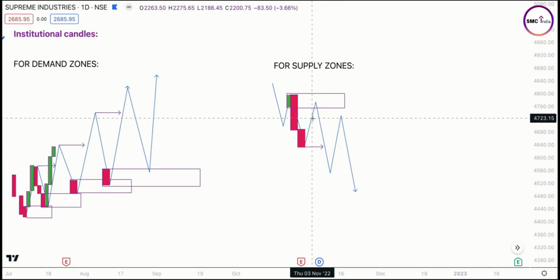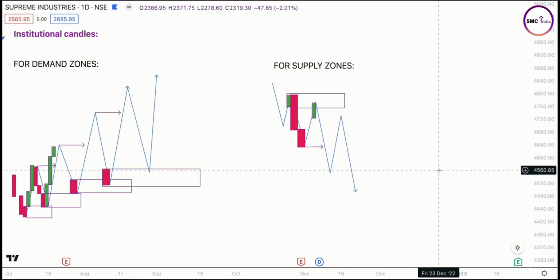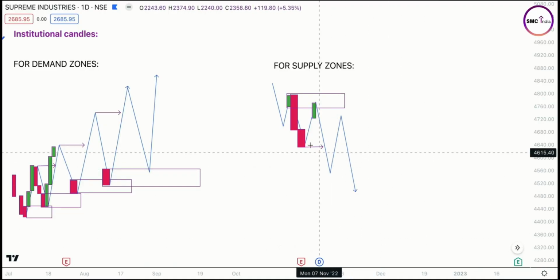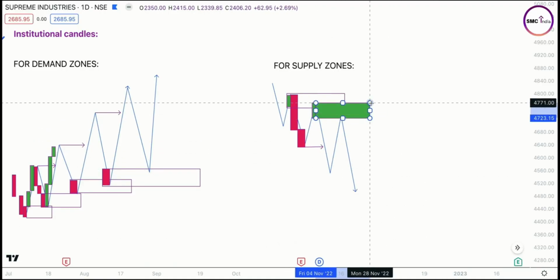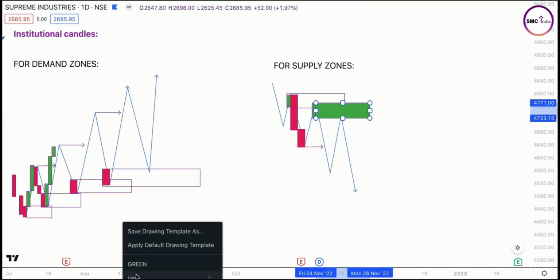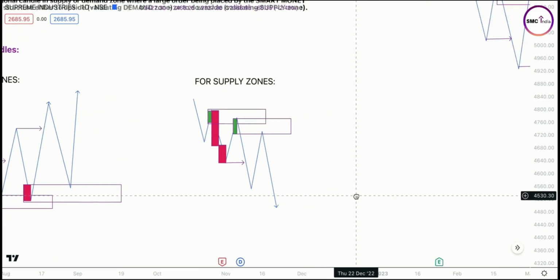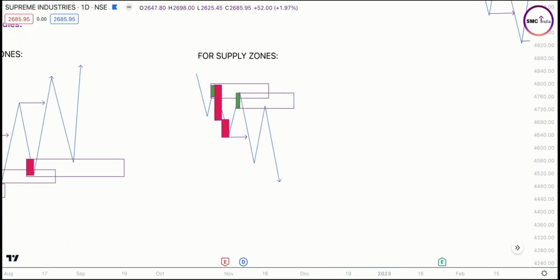And when the price comes and taps here, it creates another order block here. What happens next is the price comes and taps here again, causing again breakout structure to the downside. And what you will wait for is another institutional candle here.